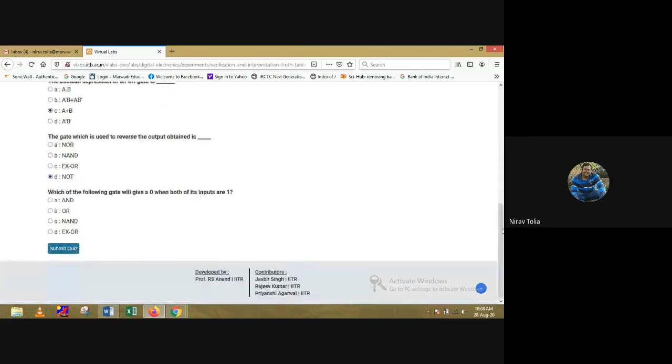Now the last one. Which of the following gates will give a zero when both of its inputs are one? So when both the inputs are one, the output will be zero.